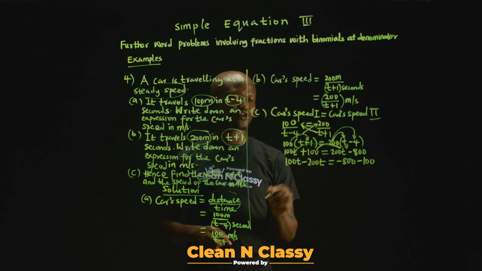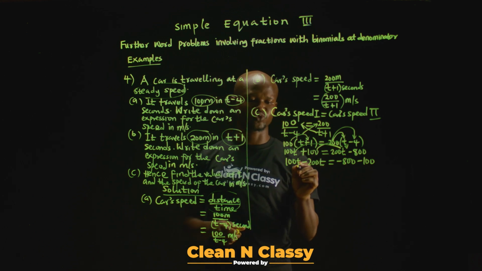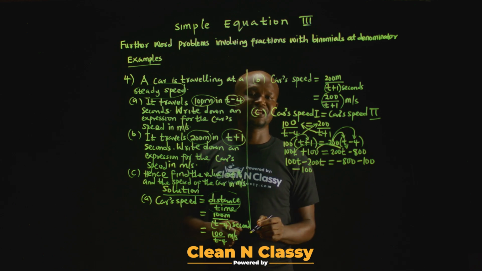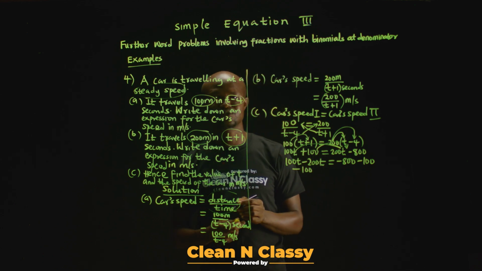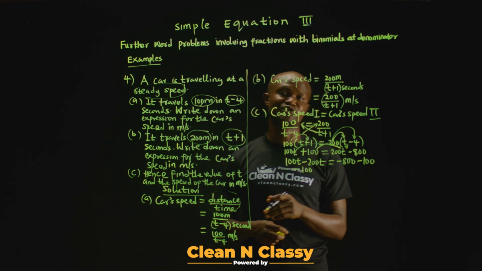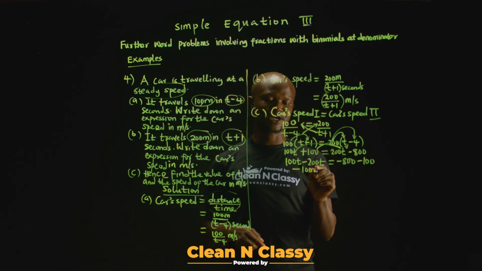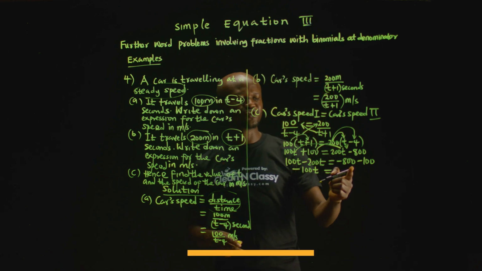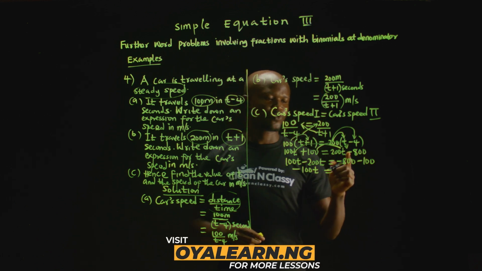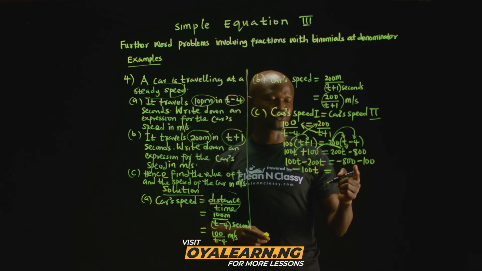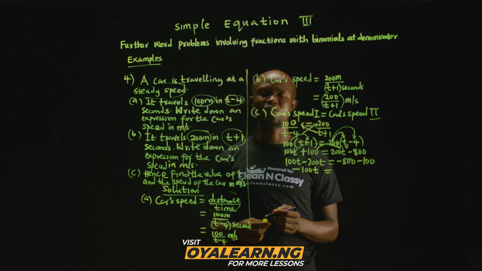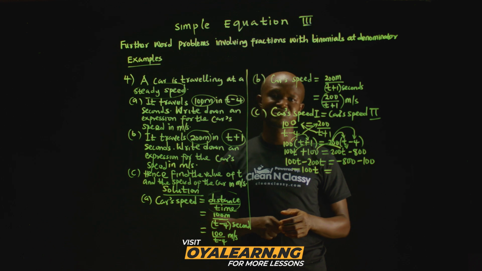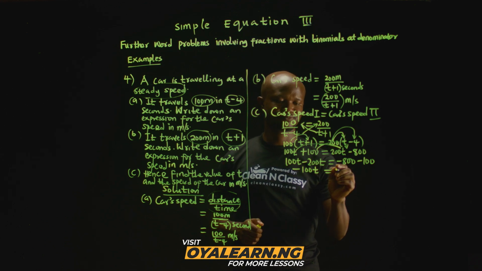So 100t minus 200t gives us minus 100t on the left. On the right, minus 800 minus 100 gives us minus 900.